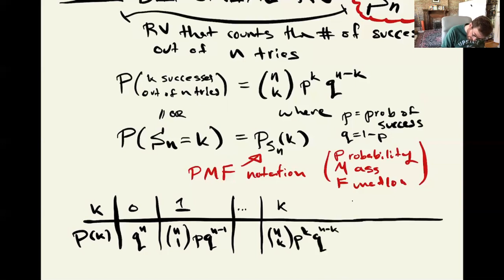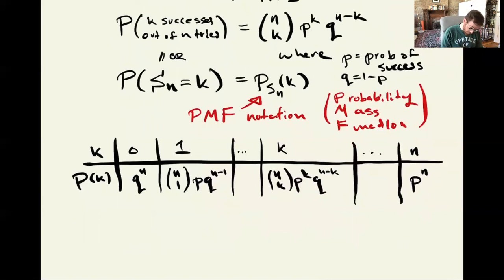If I keep going, the largest possible value of a binomial random variable is n. Then this looks symmetric, where the probability is that I had to succeed every time, and there's only one way of doing that. And so it suffices just to take p to the n.